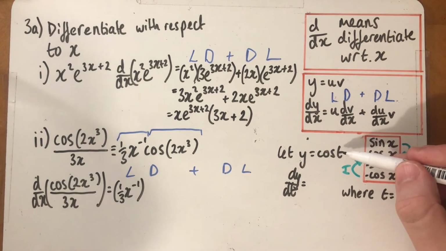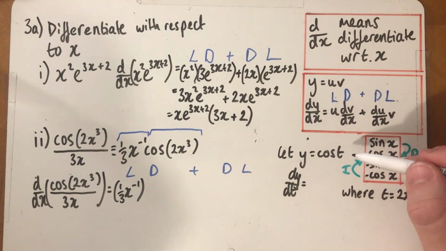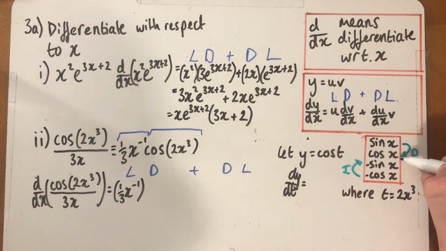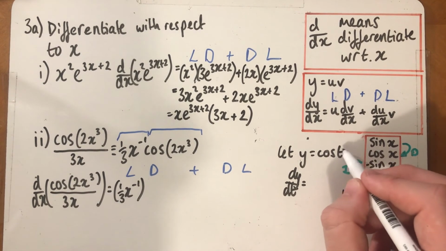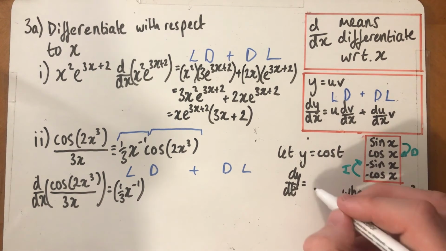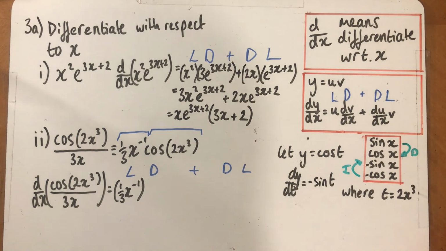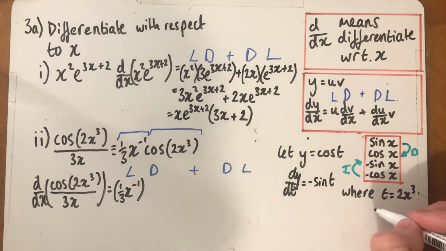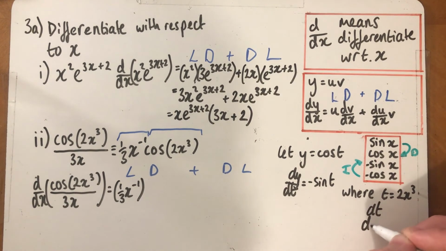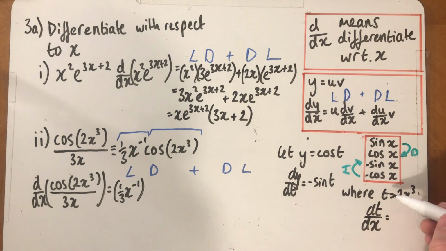So to find the derivative of cos, we simply go to cos and we move down one, minus sine. And the variable here is t. So it's minus sine t. Okay. Now, we're finding dt by dx. Now, a lot of people ask me, how do I know it's dt by dx? Because they struggle.